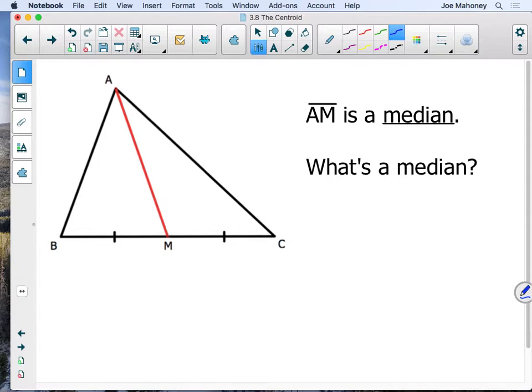Our third one for today is a median. What's a median? Well, judging by my picture, it looks like it's another segment. And it starts at a vertex. So it's a segment that goes from a vertex. And this time, take a look at where point M is.